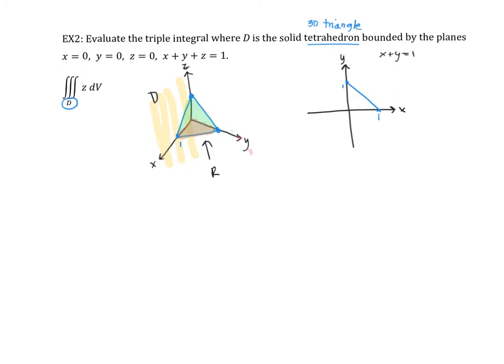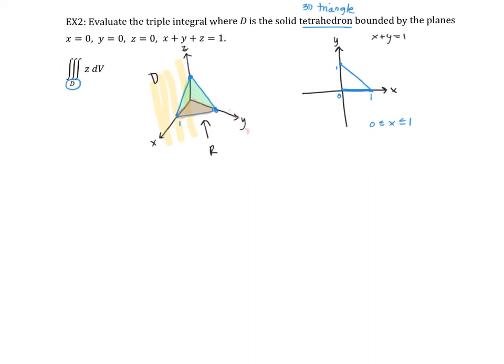If I look at x as being my constant limits of integration, then if I were to go in the direction of the x-axis, my x values go from 0 to 1.